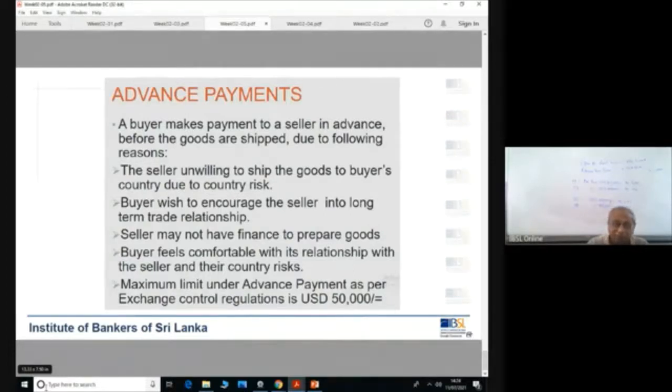Done the payment, then more than 2 weeks, now I am crossing my fingers and these people are not answering the phone also. Right? So the buyer has advanced the money and crossing their fingers and wait. This is advance payment. Right? Okay.